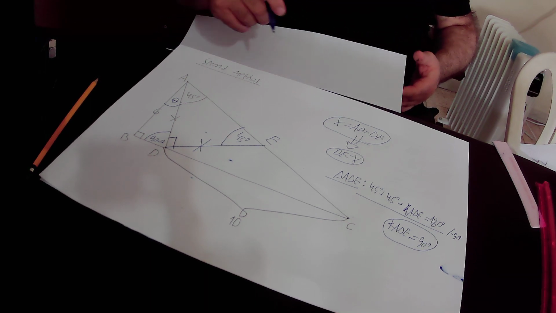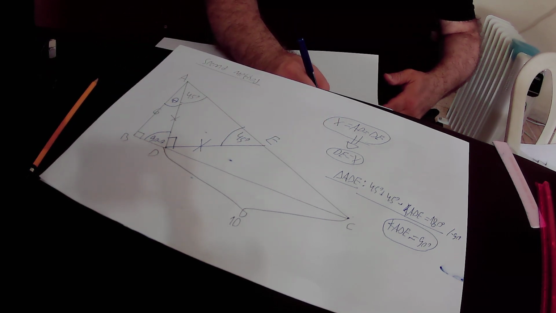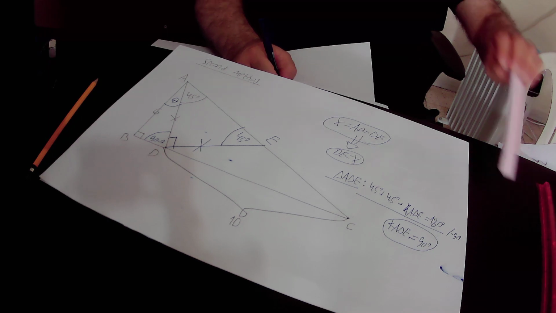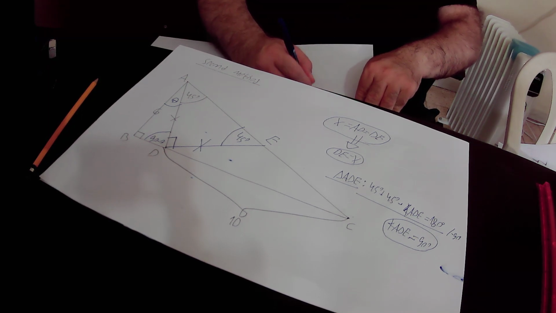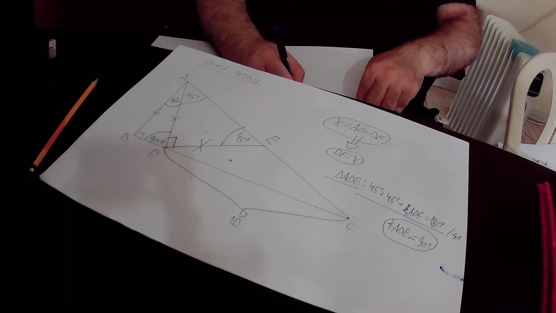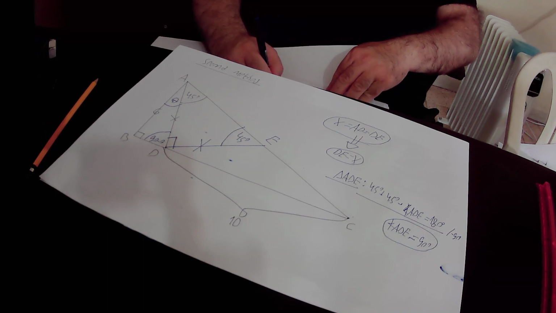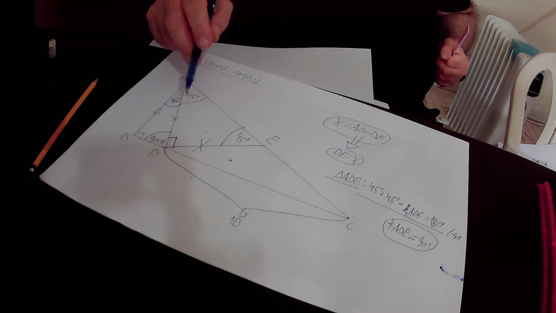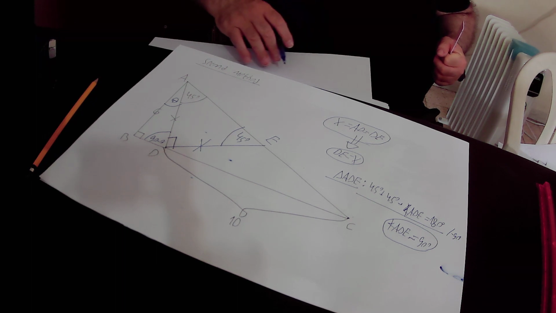So if we focus on the upper side of the straight line BC at point D, the sum of the angles must be equal to 180 degrees according to the rule that I mentioned.